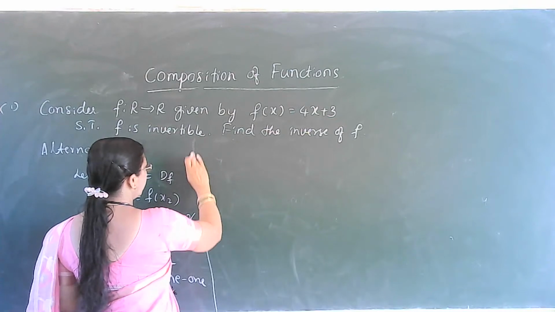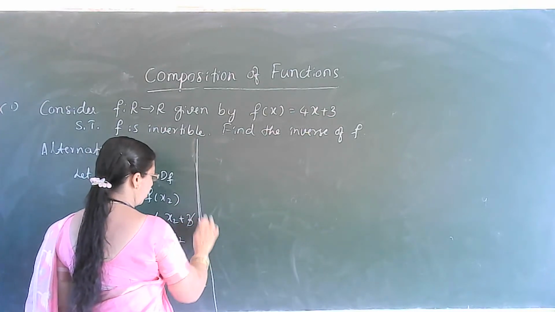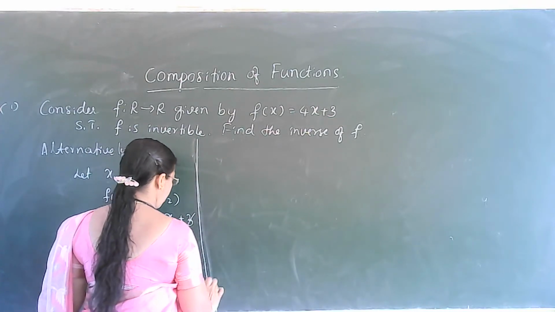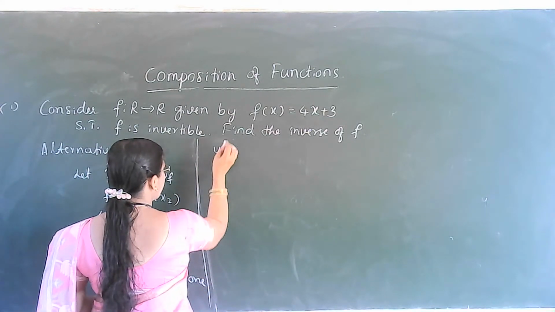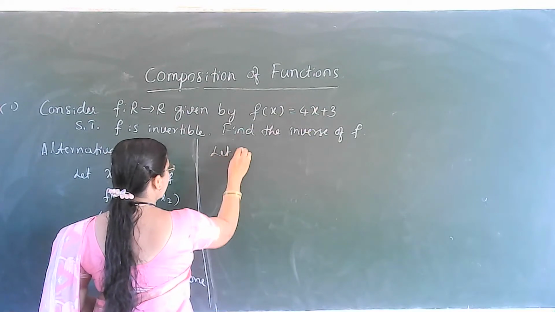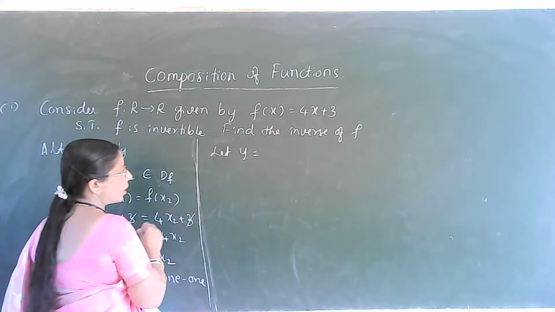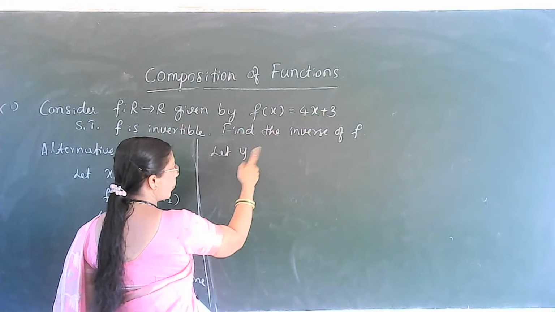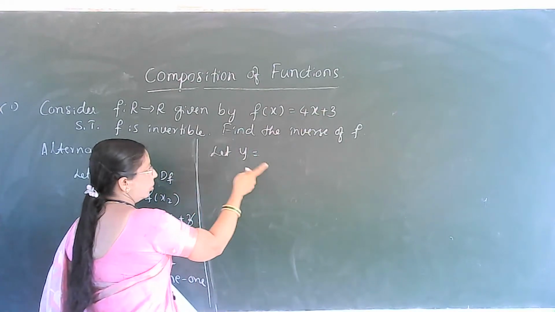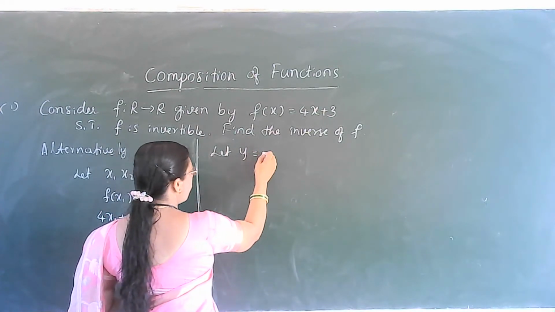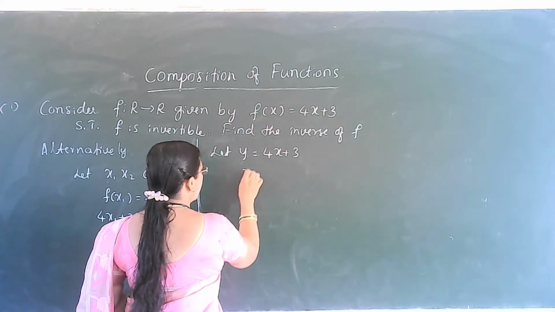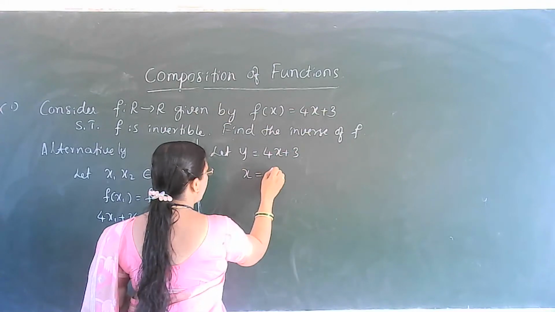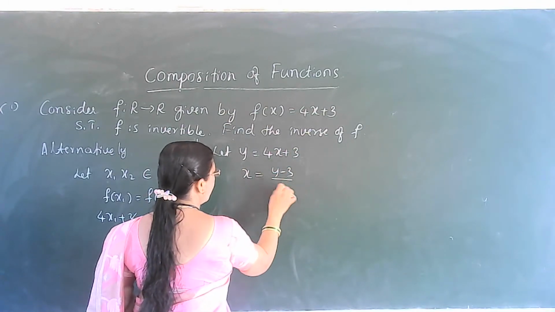Then onto function, we choose an arbitrary element y from the codomain or range, y is equal to 4x plus 3. Then x is equal to y minus 3 by 4.